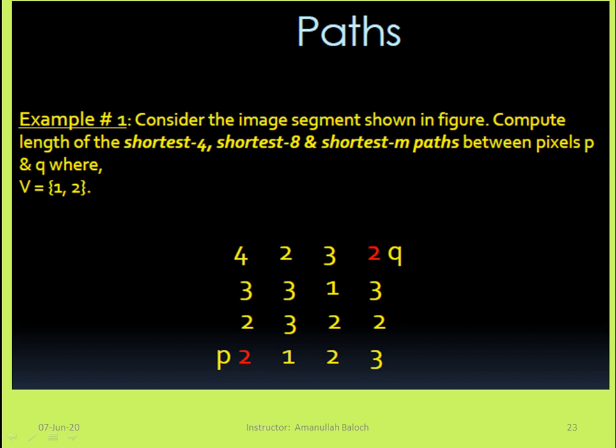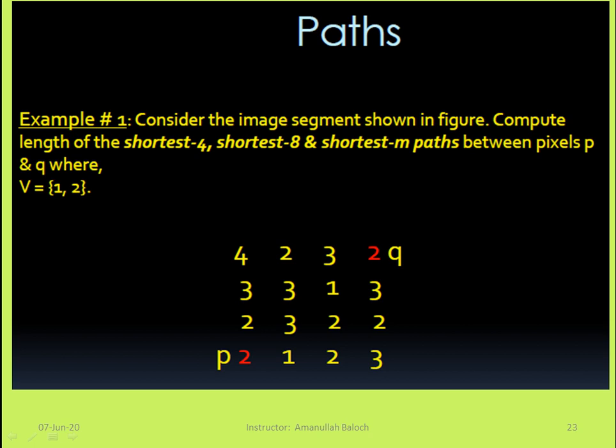Path example 1. Consider the image segment shown in the figure. This is an image segment we have taken from a large set of pixel values of an image. These 16 pixels we have selected from the large set of pixels, and this is a subset. Compute the length of the shortest 4, shortest 8 and shortest m path.